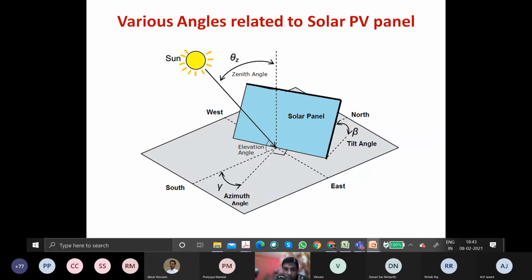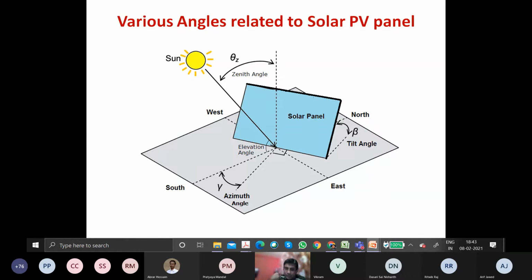Have you ever seen the solar trajectory or solar path? On a daily basis, what is the trajectory of the sun? East to west, right? Yes, sir. Okay, and it will remain between the zenith and the south. It will not go fully from north to south, right?